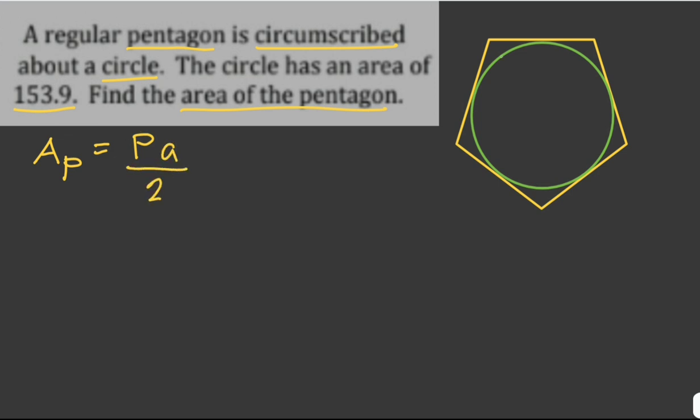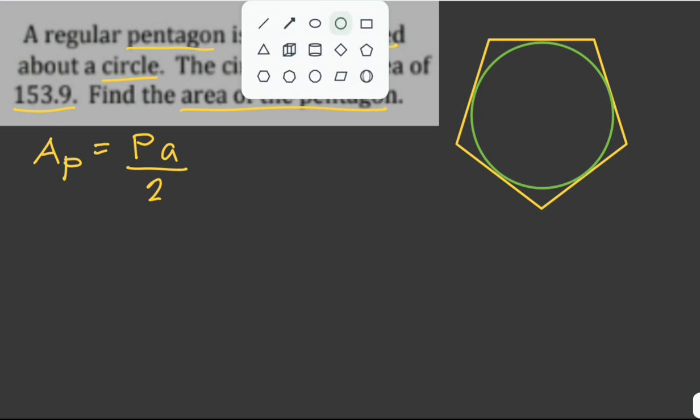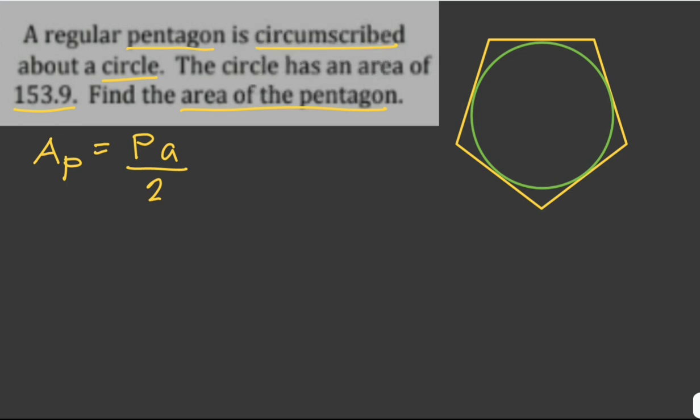So the perimeter would be the sum of the sides of the pentagon. And then the apothem would be the line from the center of the pentagon at right angles to any of its sides. So the apothem should be this one, or here, or here. Let's say just this one.